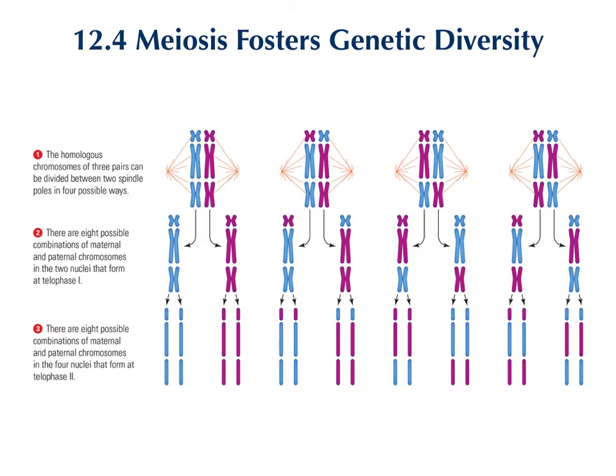A picture is always better for these things. Here you see the homologous chromosomes of 3 chromosome pairs that can be divided between 2 spindle poles in 4 possible ways. In the first panel, you see all blue to the left and all pink to the right, or all paternal derived chromosomes to the left and all maternal chromosomes to the right.